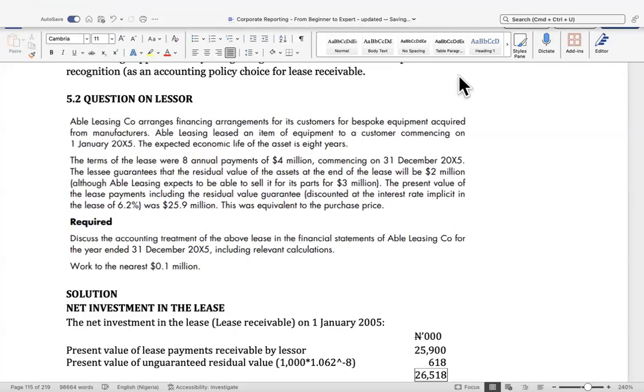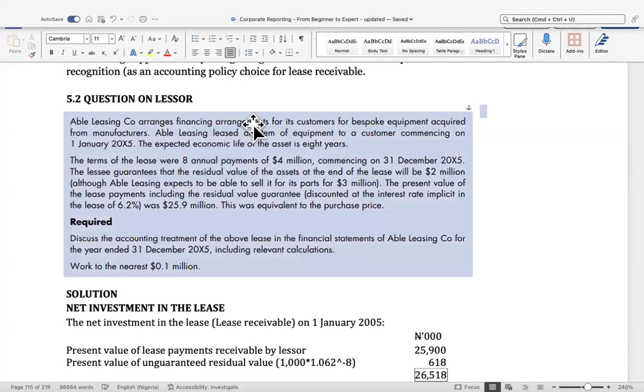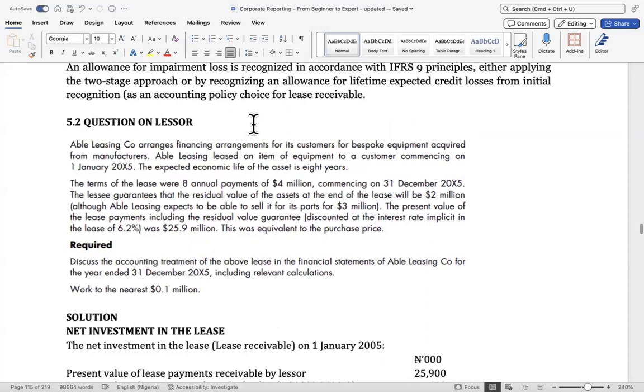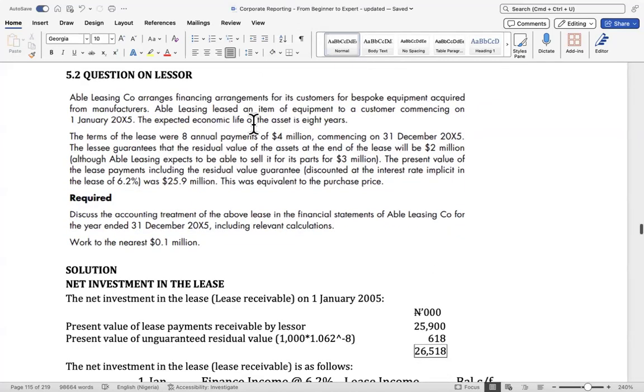At the start of the lease term, there was something you reminded us of: that the lessor would recognize the underlying asset and will now recognize the receivable equal to the net investment in the lease. So if the asset is, say, 50,000 in the balance sheet of the lessor before they lease it, but the net investment in the lease is, say, 60,000, that 10,000, what happens to it?